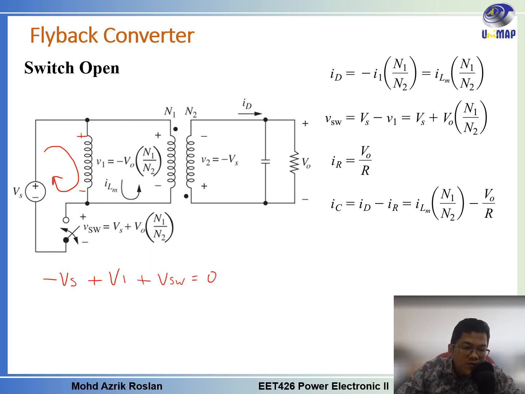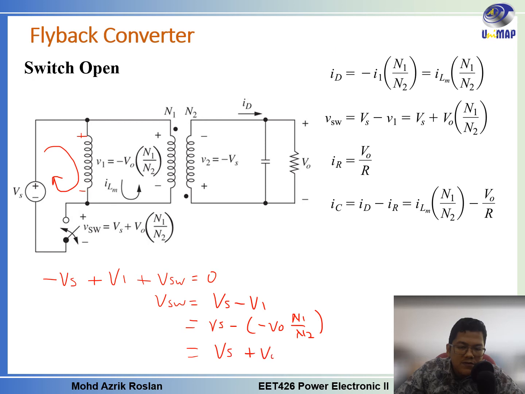And then we want to find the V switch. So V switch equals Vs minus V1. And then Vs minus V1 is equal to negative V out N1 over N2. So V switch is Vs plus V out N1 over N2. So we get the equation here.